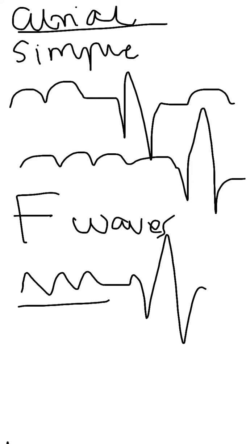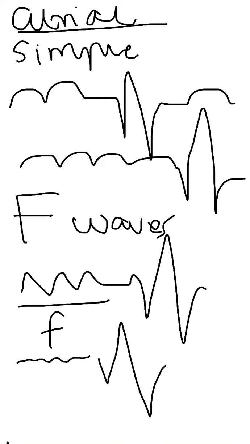What you see is very undefined as well. You have a record of very undefined P waves, but they're noted as small f waves. And then you have your QRS, and then it could have a T, and then they'll continue like that.